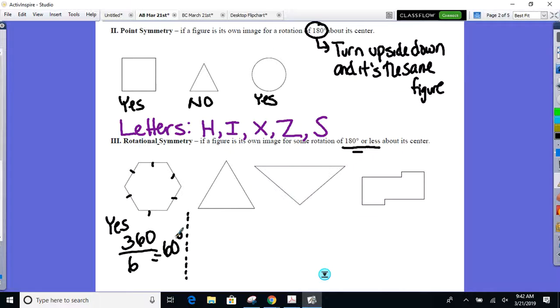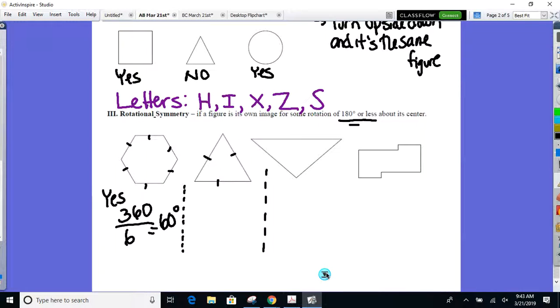All right, next one. I'm going to tell you this is equilateral. Does it have rotational symmetry? Hey, remember, it's not just upside down. I get it. It doesn't have point symmetry because when I turn it upside down, it's not the same triangle. But could I go less than 180? Yes. Ready? 360.